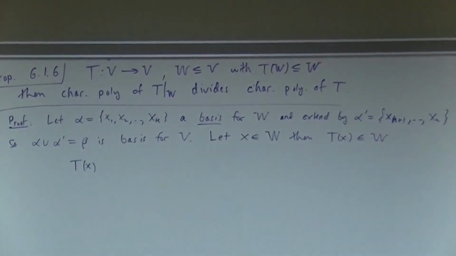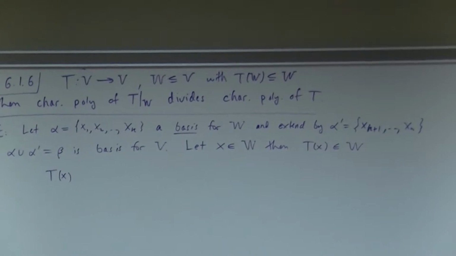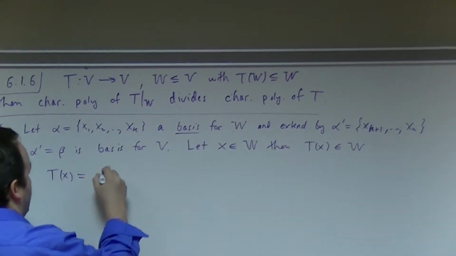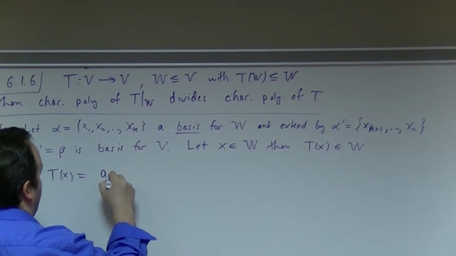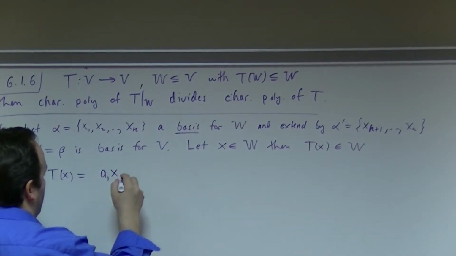What does that mean in terms of a formula for T of x? So I can write it in the span of what? The span of alpha, as we've defined it, right? So there have to exist constants like a sub j.